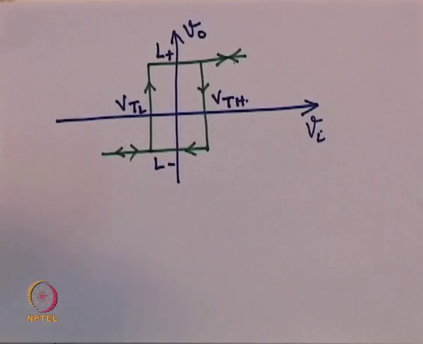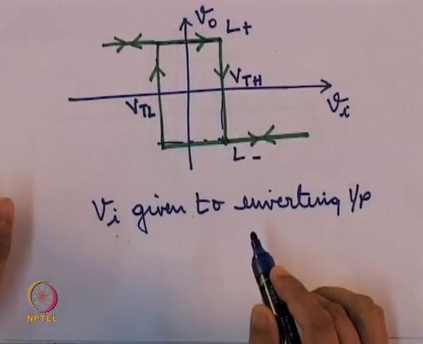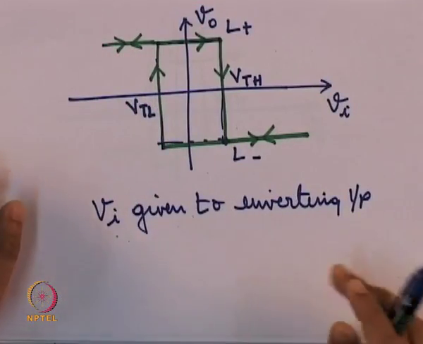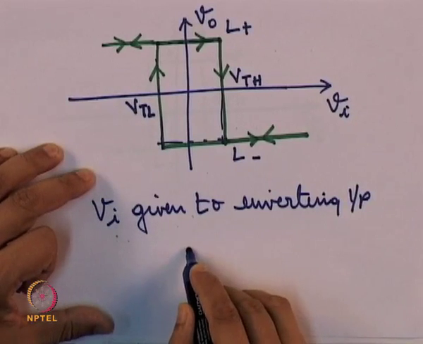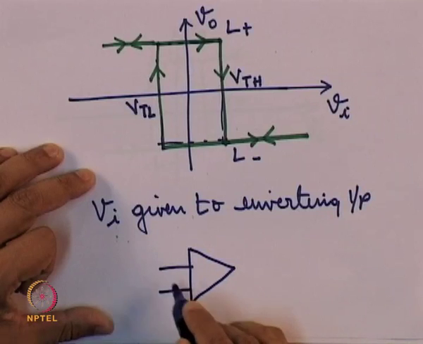Now, one thing that is interesting here is, why do we have such a system? After all, if we wanted a transition between L plus and L minus, we could just obtain it with a comparator like this, isn't it?